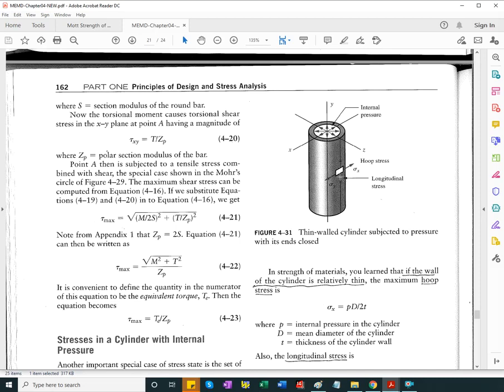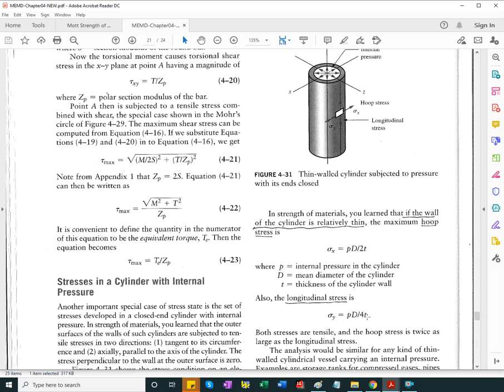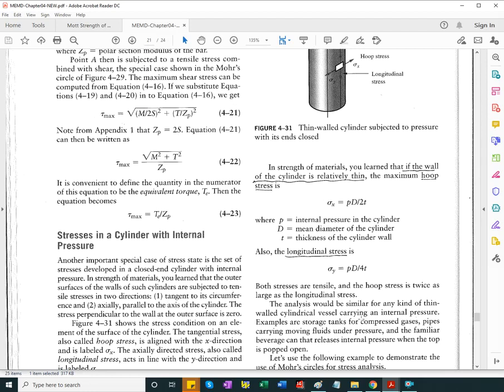And how do we calculate these two stresses? The longitudinal stress is just going to be the inside pressure multiplying the projected, transverse area of the pipe. It gets a force that causes the pipe or the cylinder to stretch. And the hoop stress is twice as big.